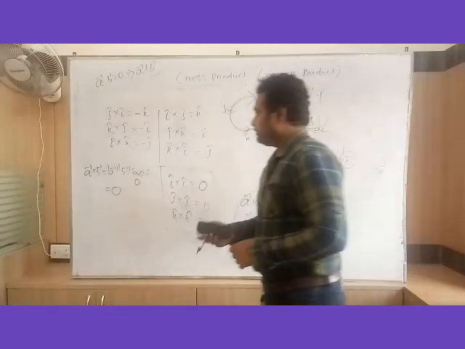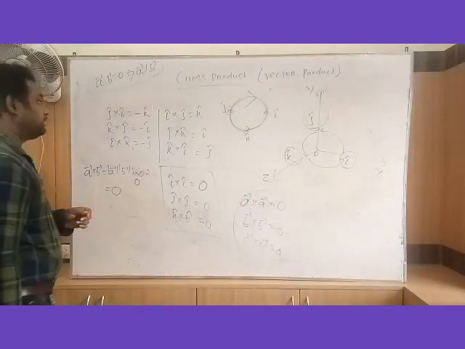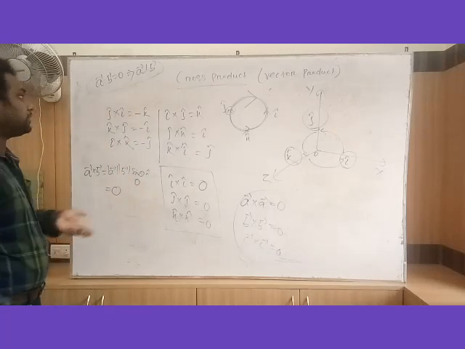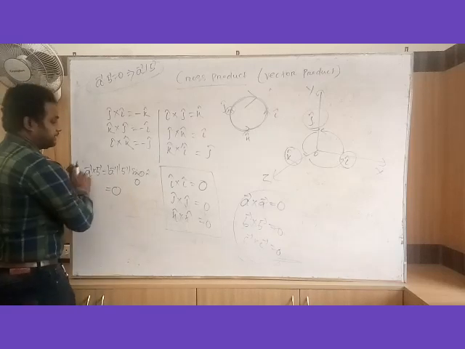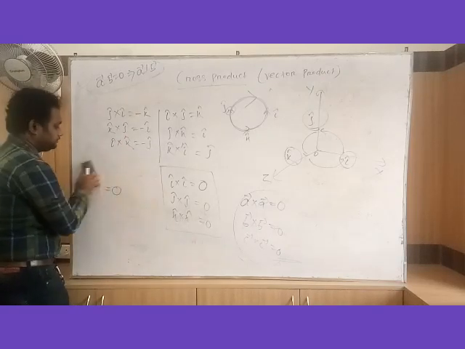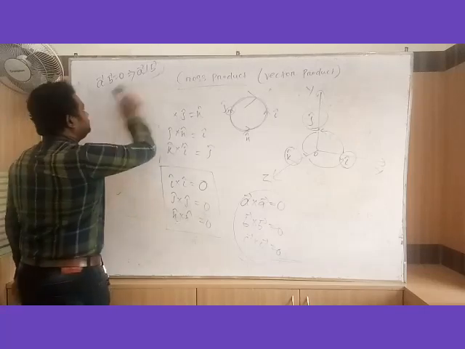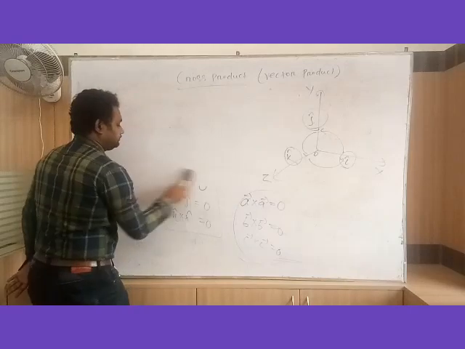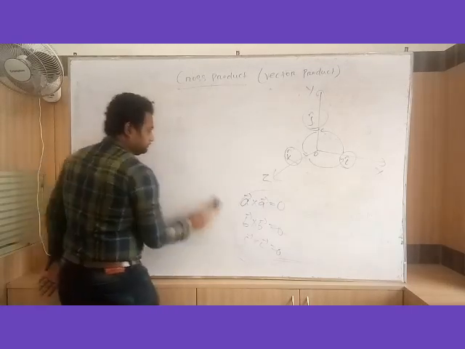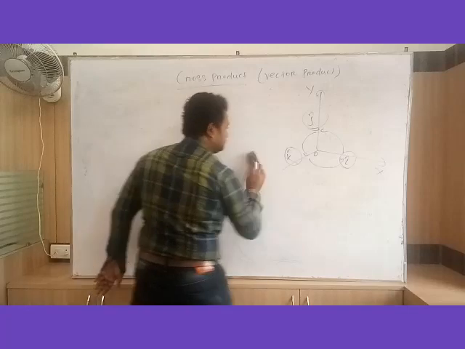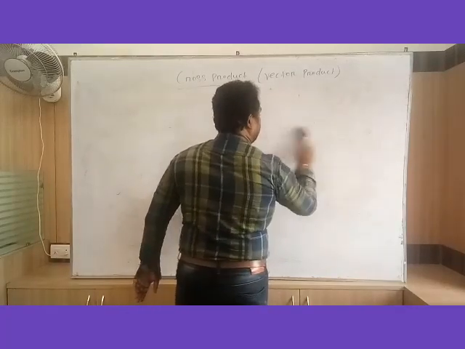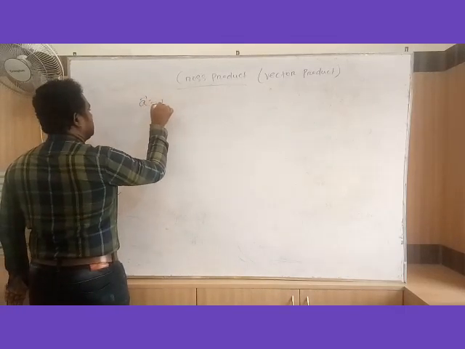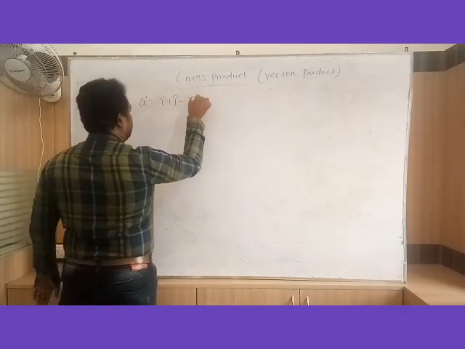Okay. Now we have to find out how we can find the value of A cross B. That means the cross product or vector product of two vectors. Note it down. So let us take two vectors. A vector equals i plus j minus 2k.